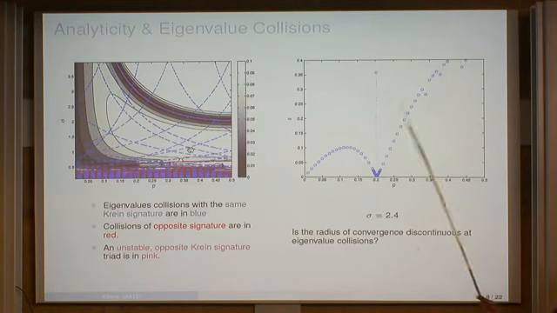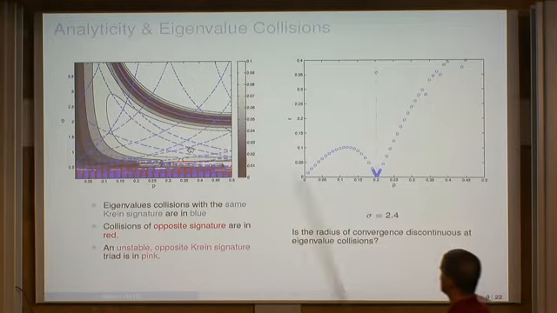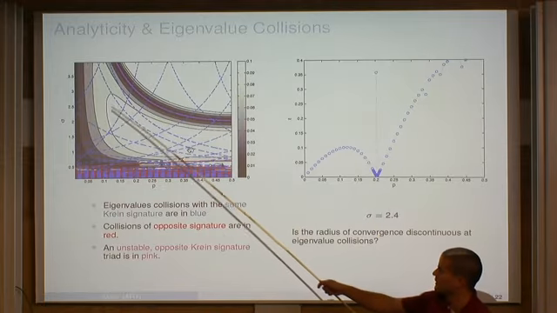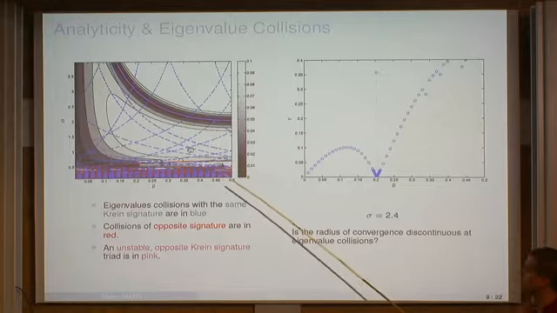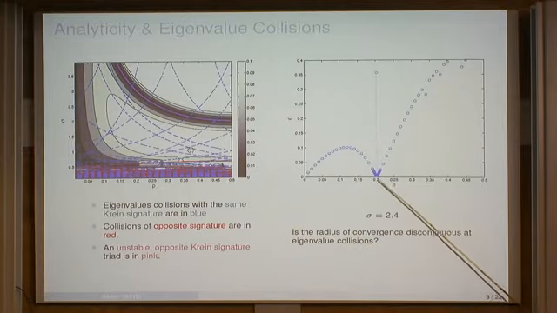And if I were to take a horizontal slice of this picture at some sigma, at the bond number equal to say 2 and change, what does the radius of analyticity look like? The radius of the disk of analyticity. Well, it does go to 0 as I get to the special Bloch parameter where there's a triad, but if I actually expand it at that Bloch parameter, what I get is quite a large radius of convergence of the method.